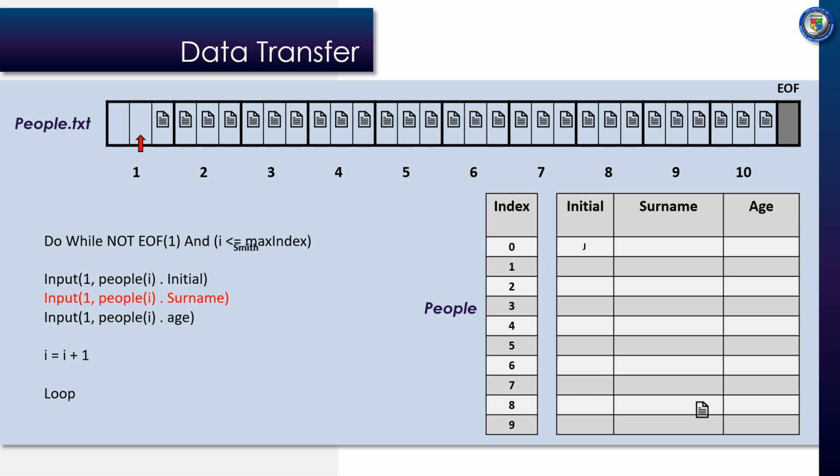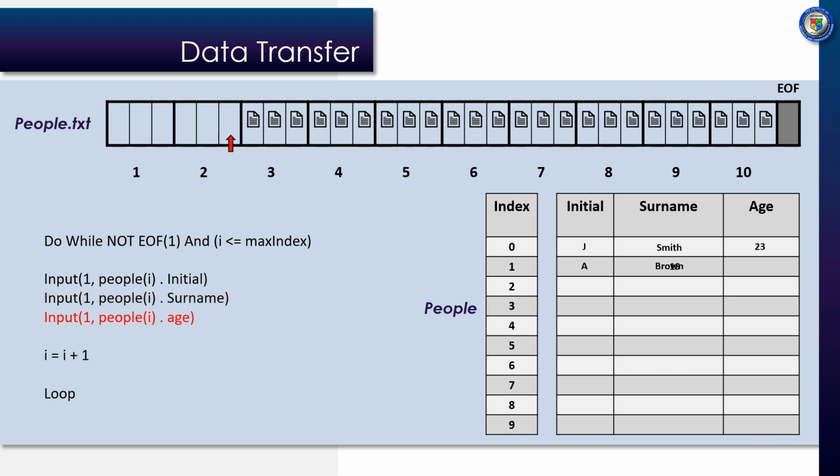The indicator moves up the file, transferring each field of information as we go through our input statements. At this point, I is incremented by 1, making it now the value 1, and we will go through our second iteration.